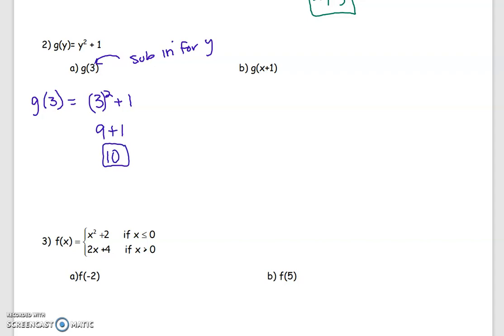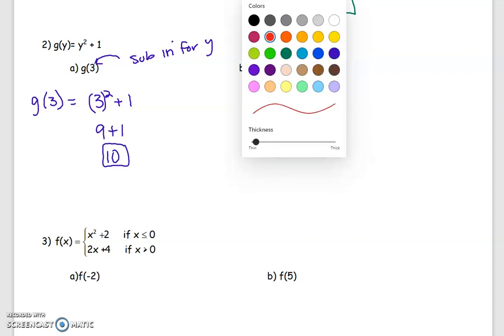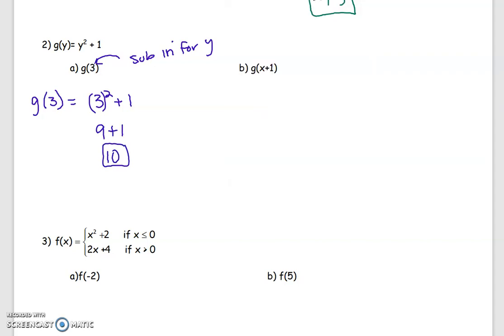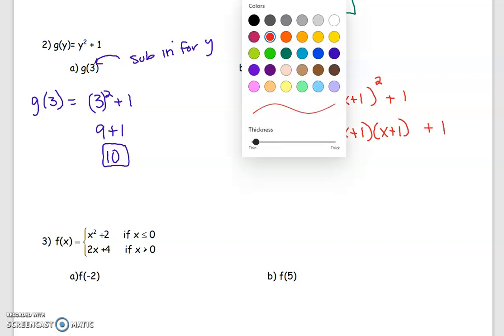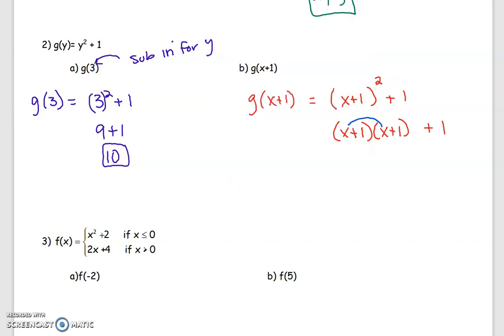Now in this next one, we're going to plug that in for y. So g of x plus 1 is taking your x plus 1, squaring it, and then adding 1. Now remember, when you square a binomial there, you're going to take x plus 1 times x plus 1. You don't distribute that exponent. We have to FOIL. Okay, so we have to take first, then outer, and then inner, and then last.